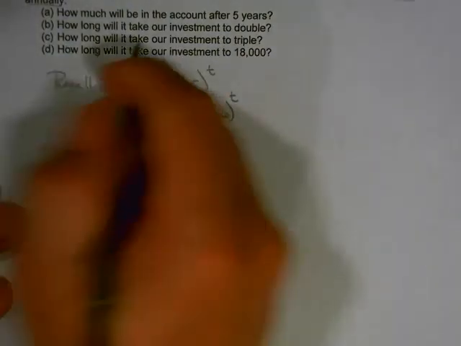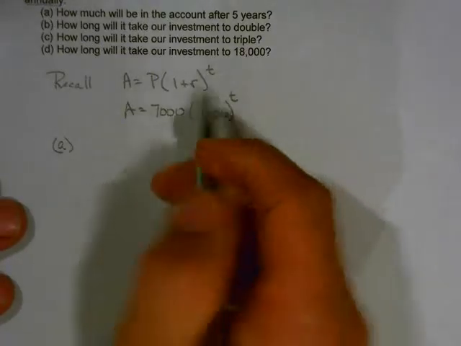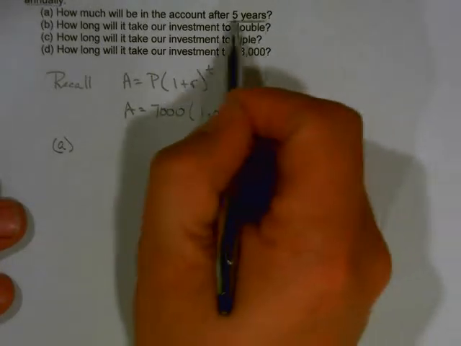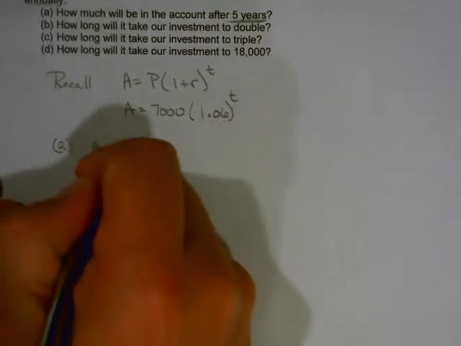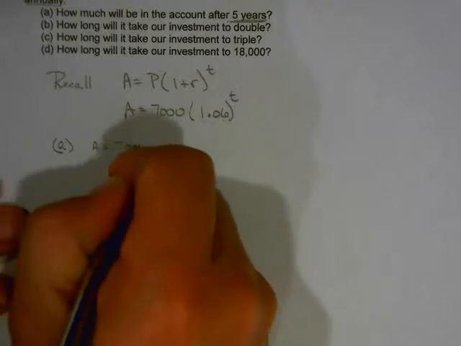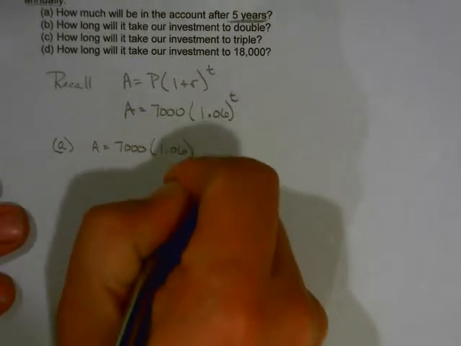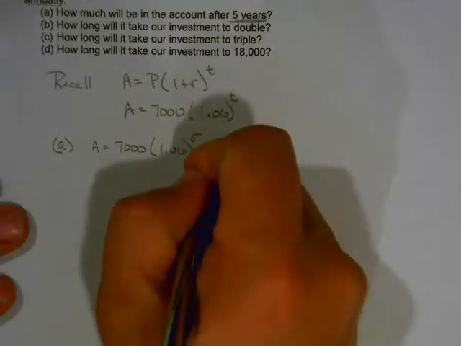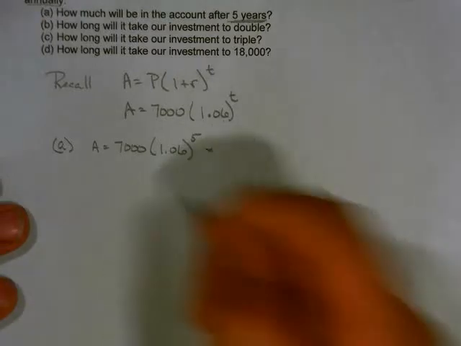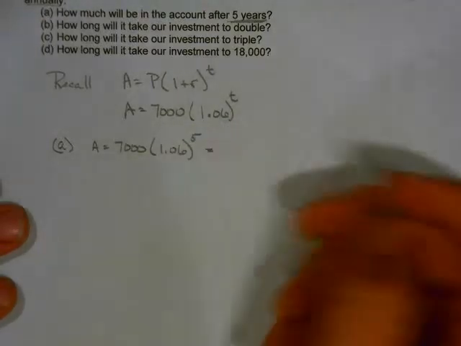So A is how much after 5 years. So this is going to be our T. We know T now. So A equals, our future value equals 7,000 times 1.06 to the fifth, which equals, so put this into your calculator, make sure you put the exponent in correctly.